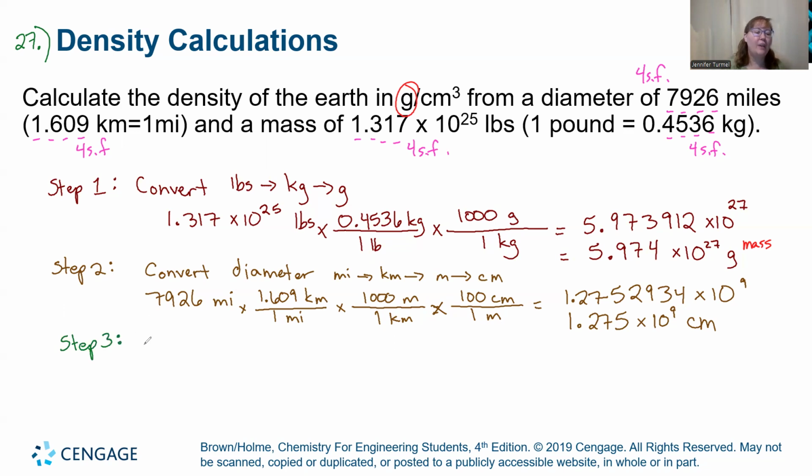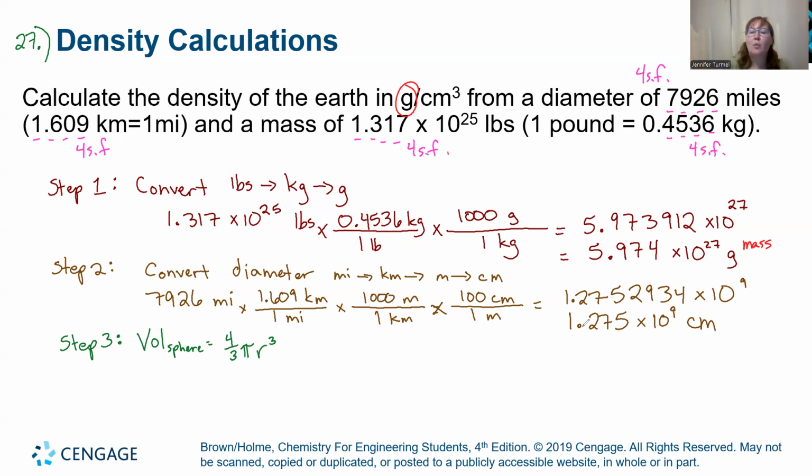Now our next step here, okay, is that we need to find volume. Now remember, and this is also on your conversions page, but the volume of a sphere is equal to 4/3 pi r cubed. So I need to find the radius. Remember that a radius is half of the diameter. Okay, so it might have been easier if I'd have done that first, but I can do it now.